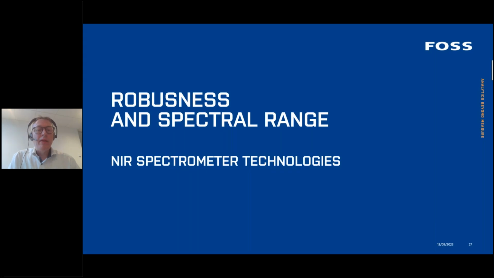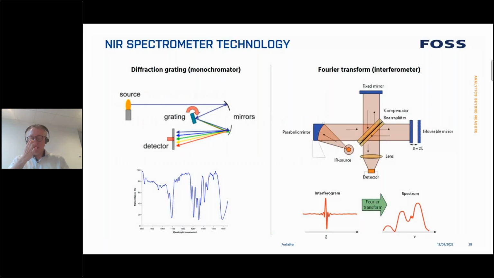Finally, I would say a few words about NIR spectrometer technologies, and this is really where the points about robustness and spectral range come into play. There are a number of different NIR spectrometer technologies, but the two that are most commonly used are the monochromator technology and the FT-NIR or Fourier transform technology.